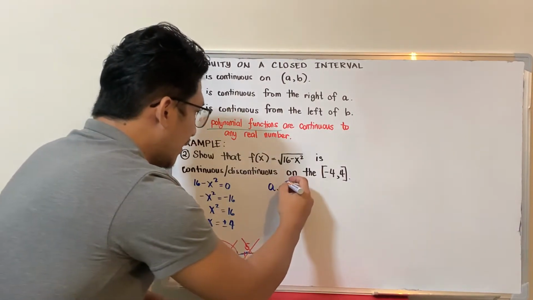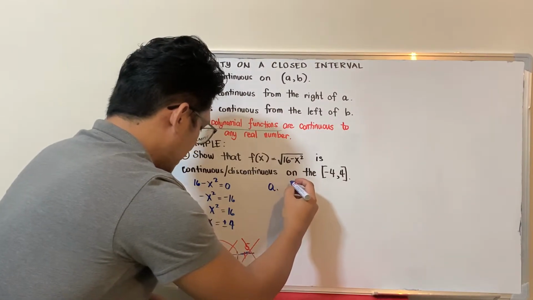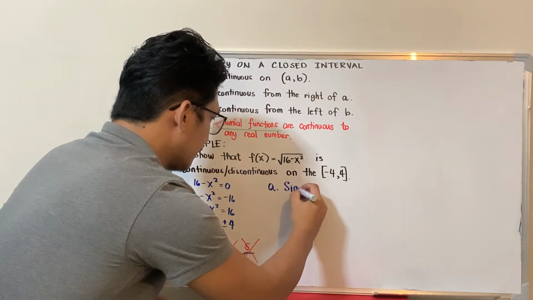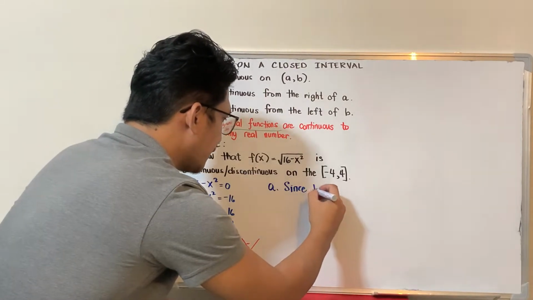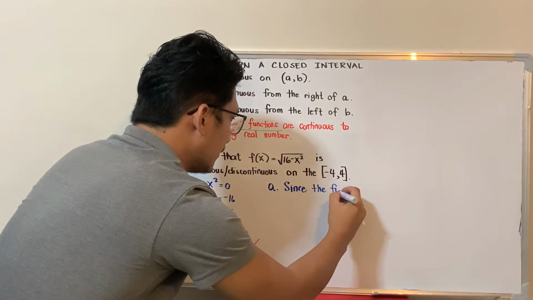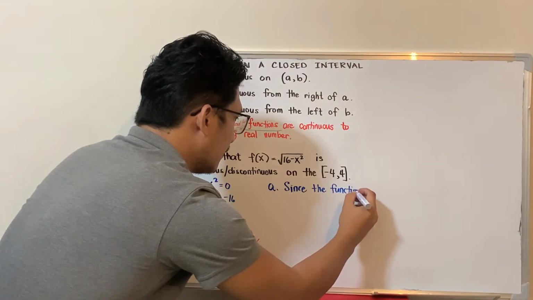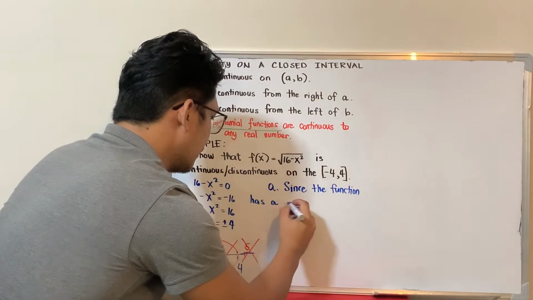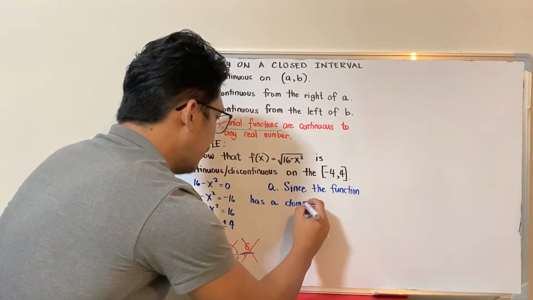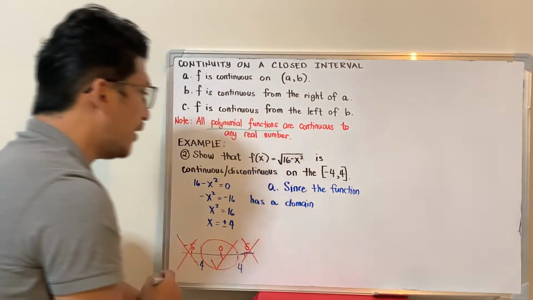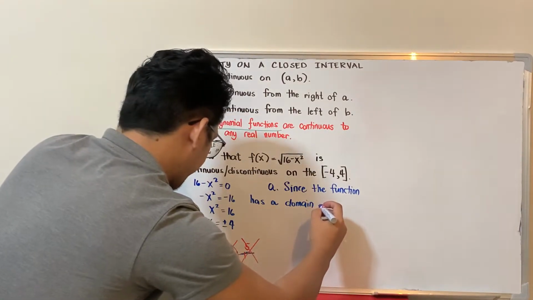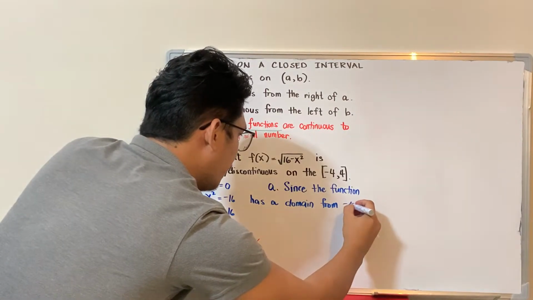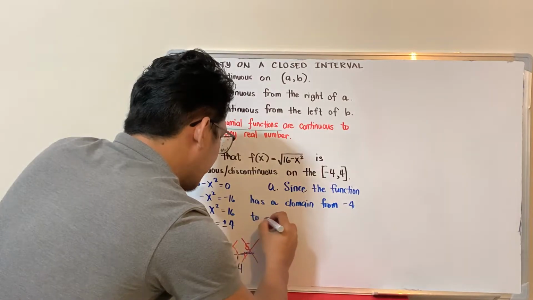Mingon ta, f of x, since the function has a domain of values of x, has a domain from negative 4 to positive 4.